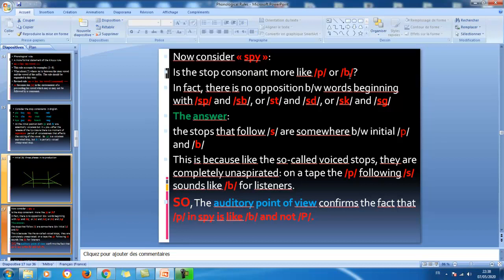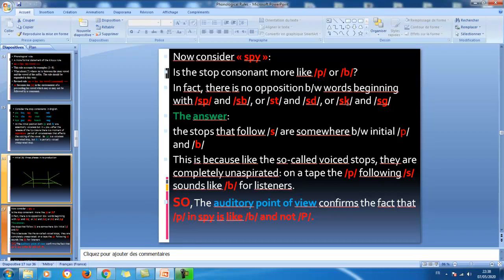How is it realized? How is it normally pronounced? In fact, there is no opposition between words beginning with sp and sb, because in English there is no word that begins with sb, but we have got words beginning with sp. Same thing here: st is a possible sequence at the beginning of words, but sd is not possible.